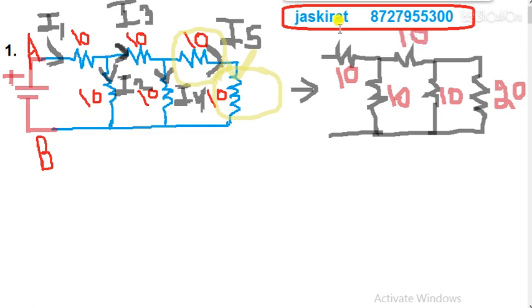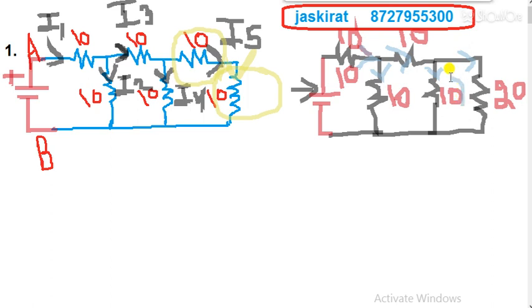This is also 10. So students, now you can see if I connect a battery here again, basically when you do this type of question, you will understand the concept. Let's suppose the current flowing here is I1, here I2, here I3, here I4, here I5.